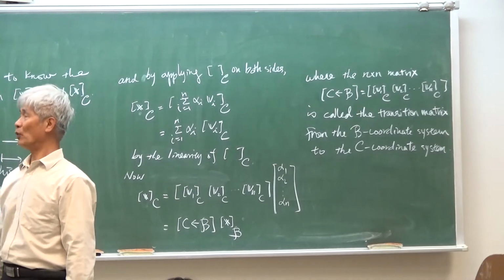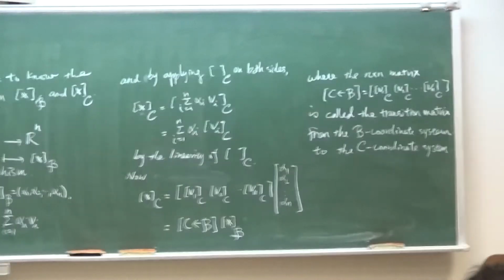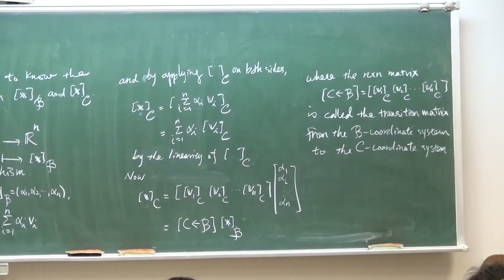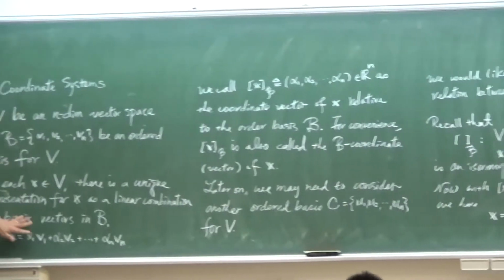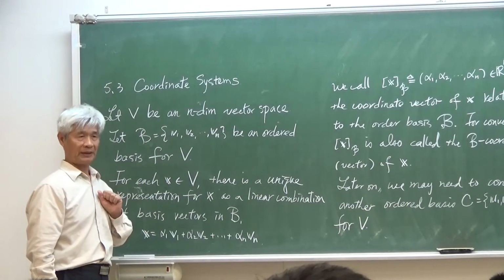Yes, please. Yeah. Well, actually, coordinate system. To have a coordinate system means that first of all, we choose a basis. So now, for a basis, we have two things. The first thing is that this basis spans the whole vector space. So spanning is just one of its functions. The second thing is that this basis should be linearly independent. Yes, B spans V, yes, but that is not enough. B should also be linearly independent.